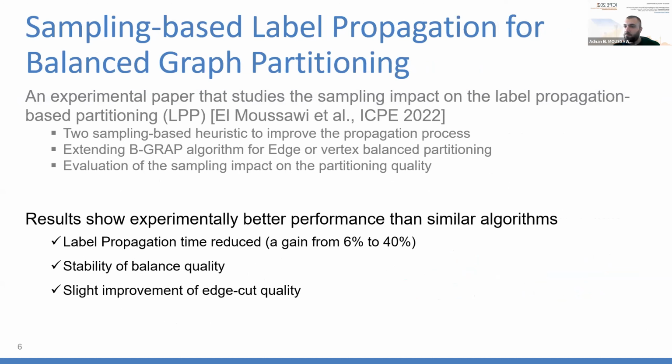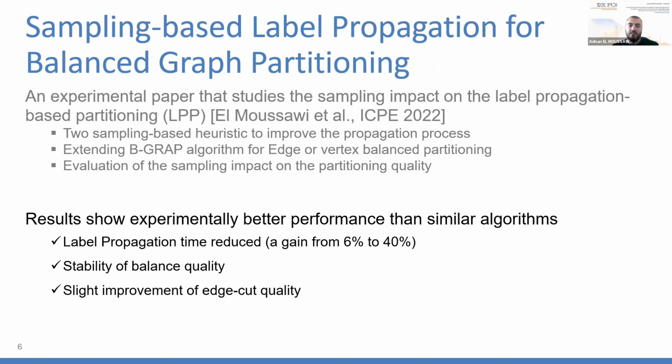To study the impact of our algorithm, we have made several experiments in which we have studied the label propagation computational time, the stability of the quality regarding the balance between the partitions, and also the quality of edge cuts.